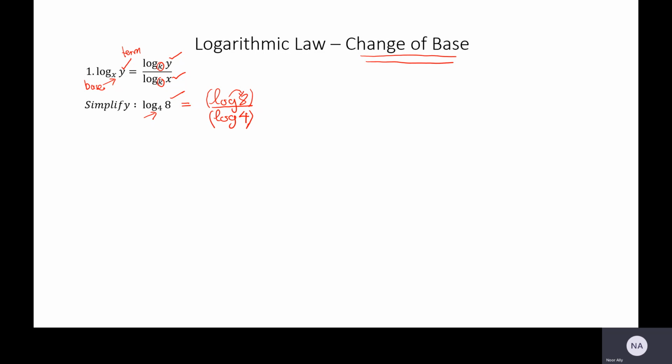So how then do we go about doing this? Well, now we simply use powers. I can write that as the log of 2 cubed, divided by the log of 2 squared. And then I can use log law 3. That becomes 3 log of 2, and at the bottom 2 log of 2.